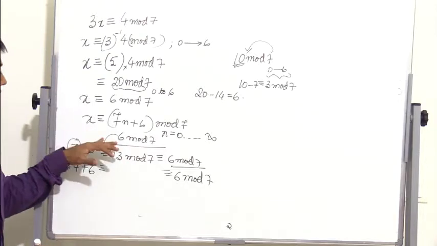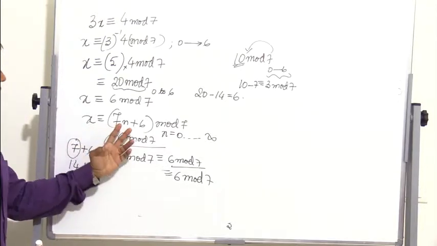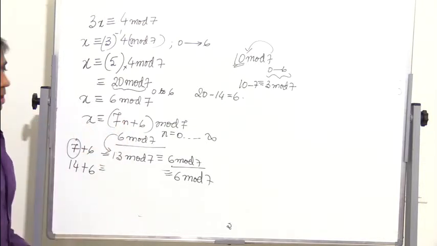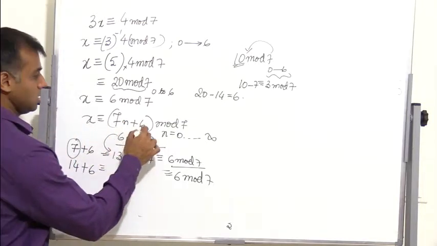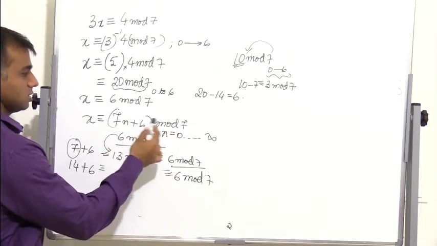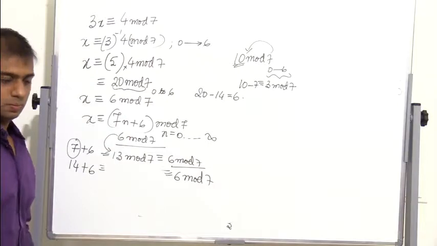So x can have any value which is 6 plus 7 times n. 7 plus 6 in mod 7 is also 6, 7 times 2 plus 6 in mod 7 is also 6, and so on.